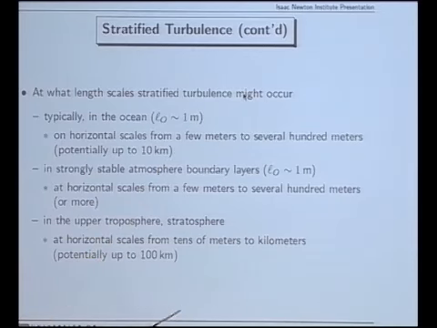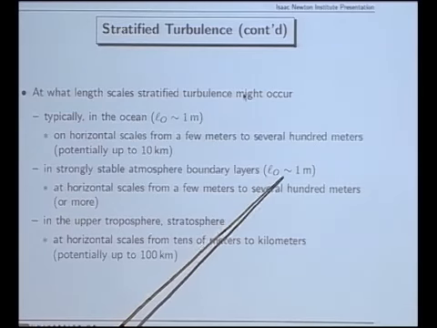Okay, so now at what scales might it occur? In the ocean, I think we'll see that possibly it occurs from scales of about 1 meter or a few meters up to at least several hundred meters. There's some evidence that it might occur up into the kilometer range. That's kind of disputed right now.